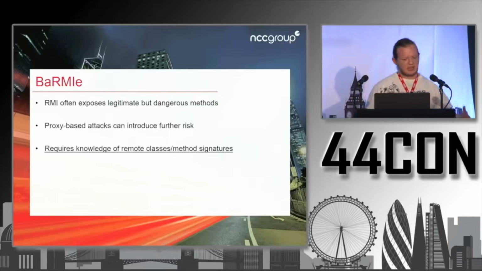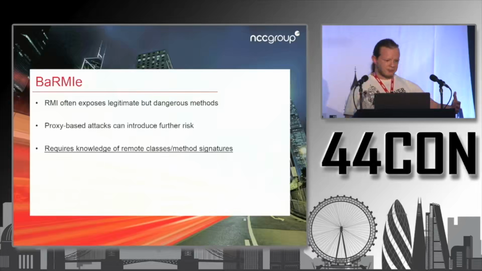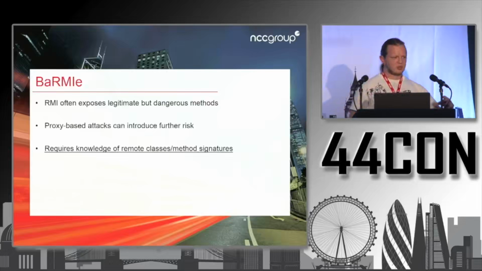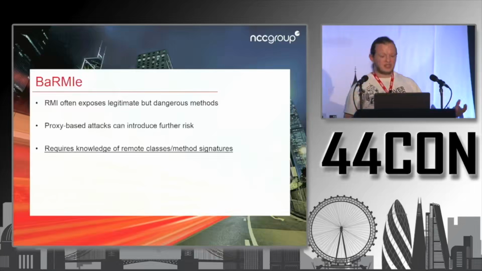It's based on the method name, the return type, the number and types of the parameters. And it generates this hash. It actually does a lot of things that reduce the entropy of that hash. So it's a 64-bit value, but the entropy is a bit less. So there's a bit less to brute force if you wanted to do that. But you had to brute force this hash in order to invoke a remote method.